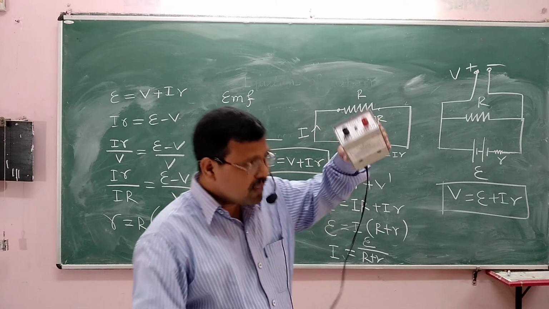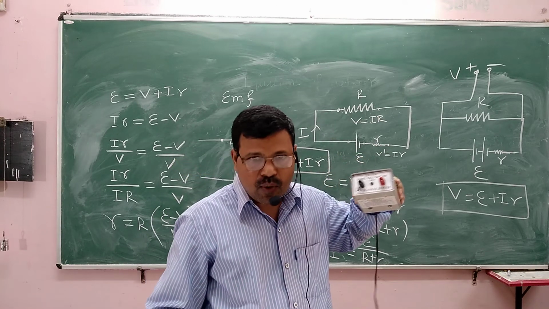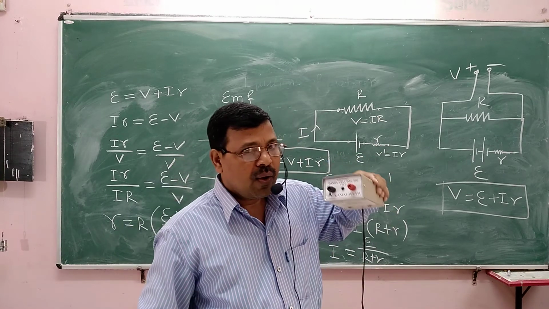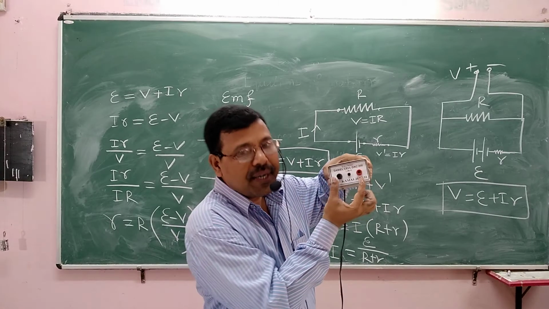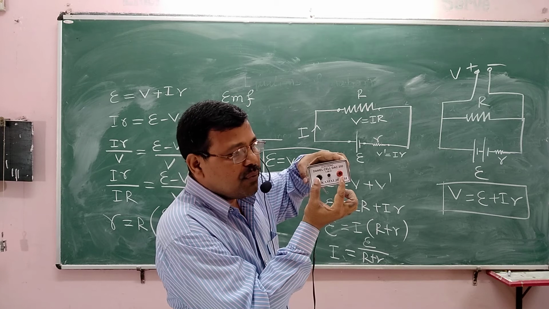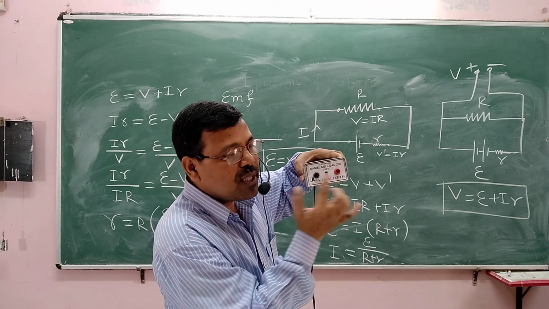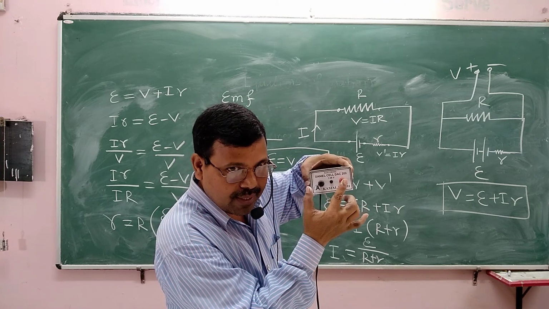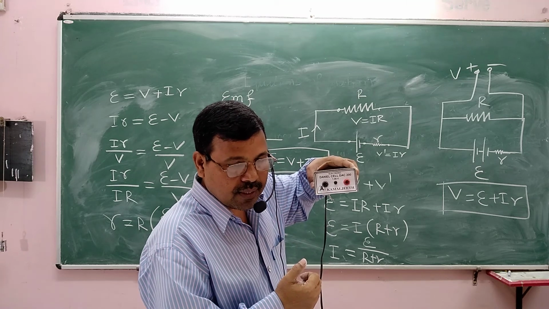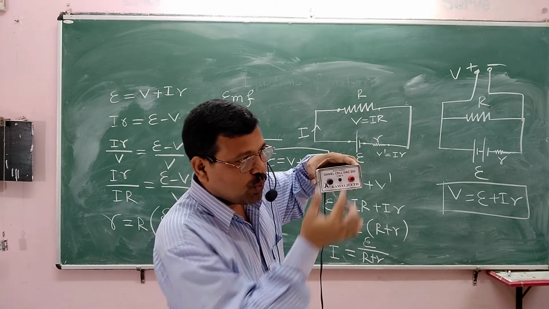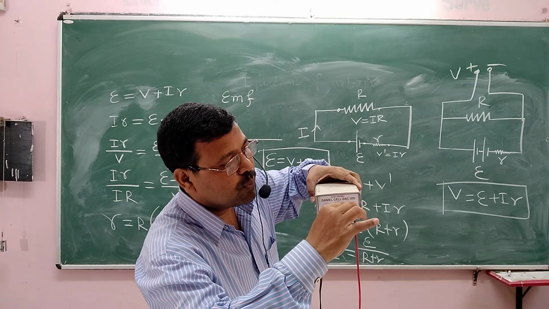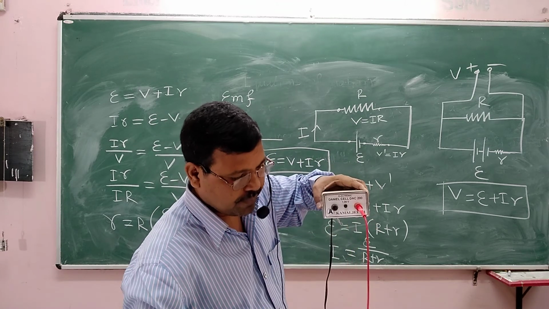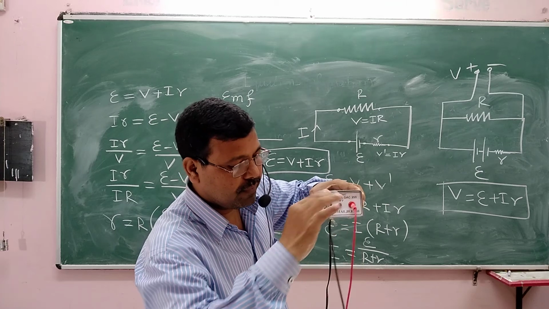So when this dry cell or the Leclanché cell is not connected in a circuit, whatever the difference in potentials between these two terminals is there, that is the EMF of the cell. We can measure that by connecting a multimeter.